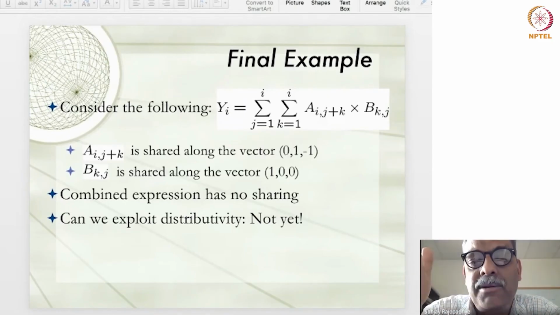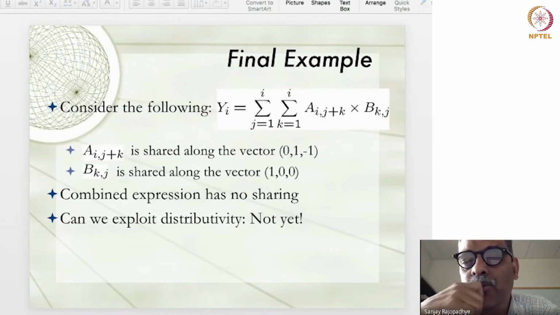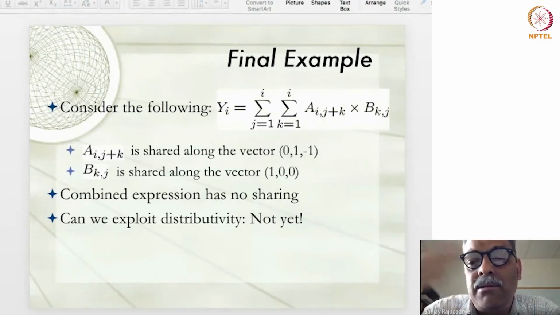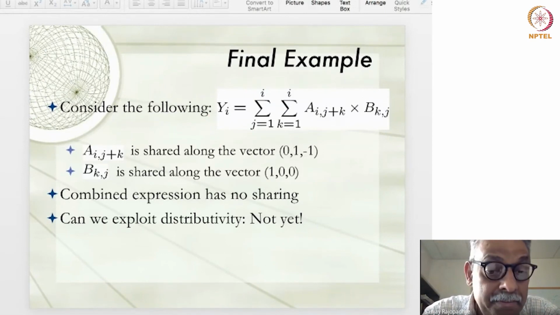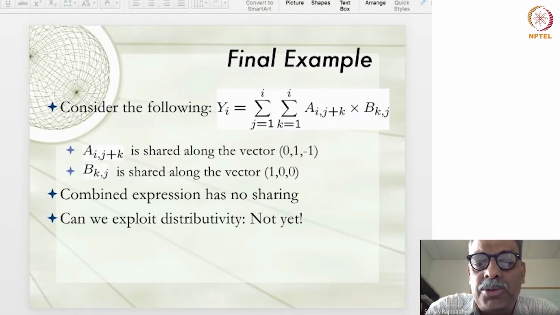Along the vector j plus k equals constant, so (0, 1, -1), the first term is shared. And along i, because B[k][j] doesn't even involve i, the same value of B is read. So the sub-expressions have reuse. The combined expression has no sharing.